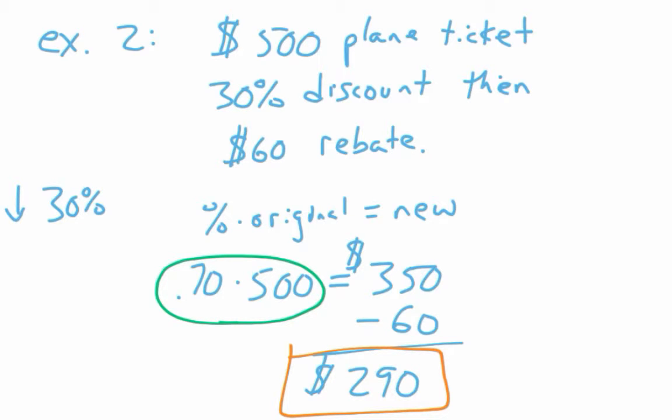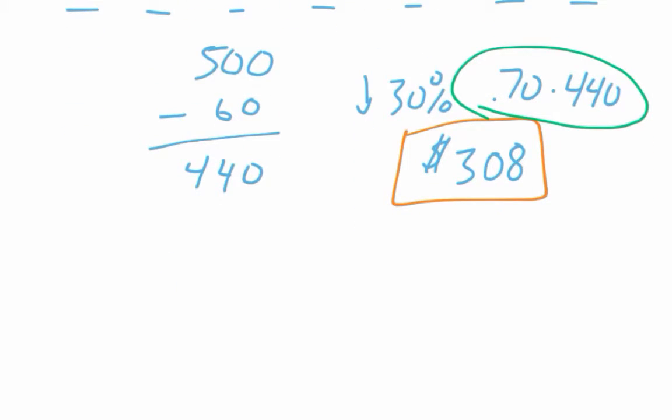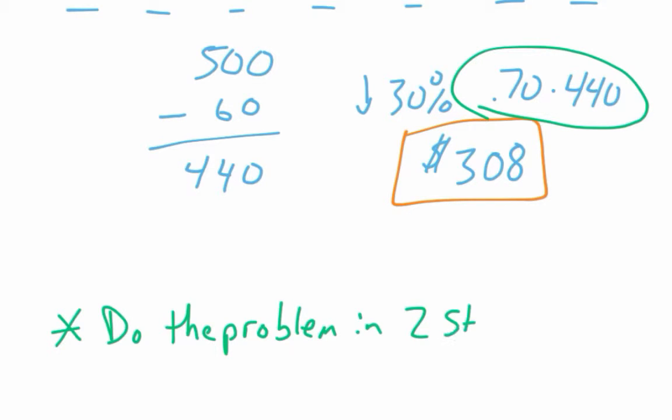So we probably should go back to that first equation that you wrote up above and add on to it and say that do the problem in 2 steps and do them in the right order. So do the problem in 2 steps.